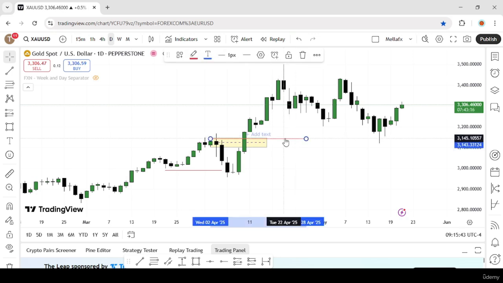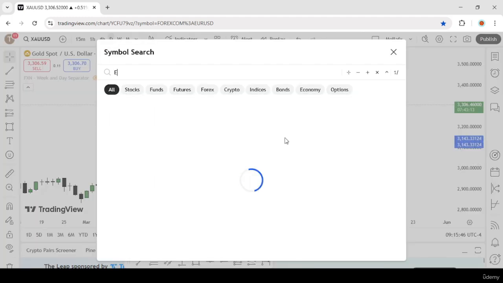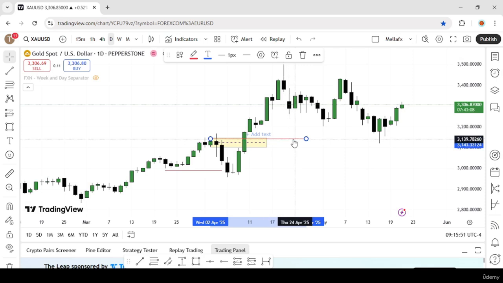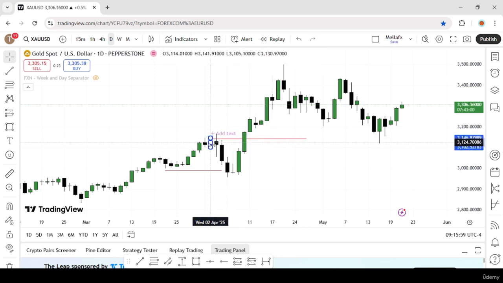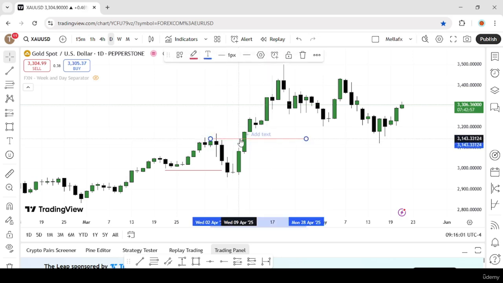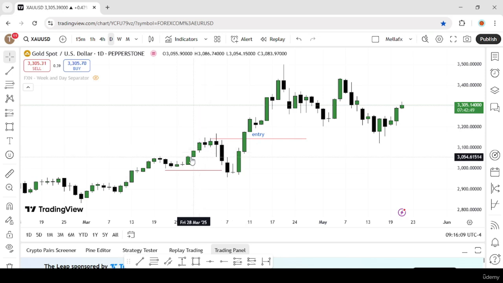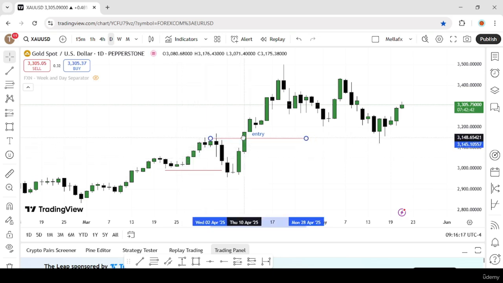This should be the entry when you're using the breaker as your means of entry. I'm just trying to add a text. So this is our entry, and then depending on which candle you use for your breaker, in this case I'll use this small one.